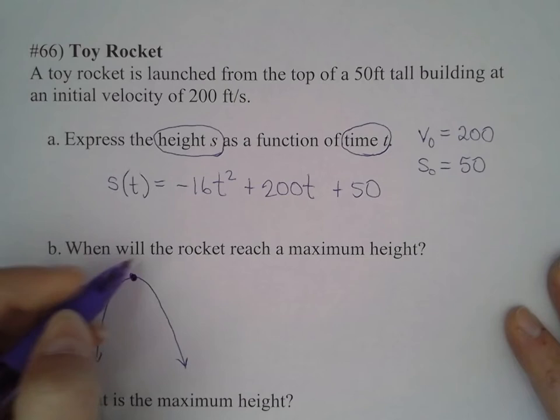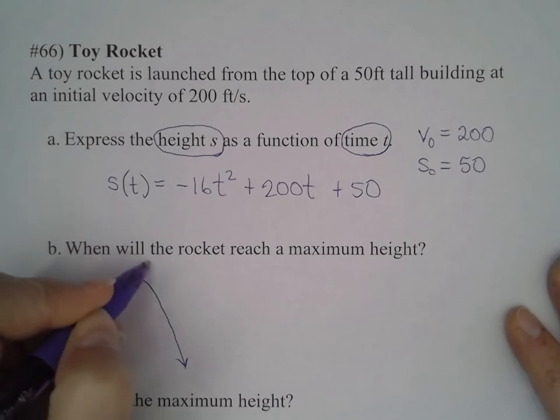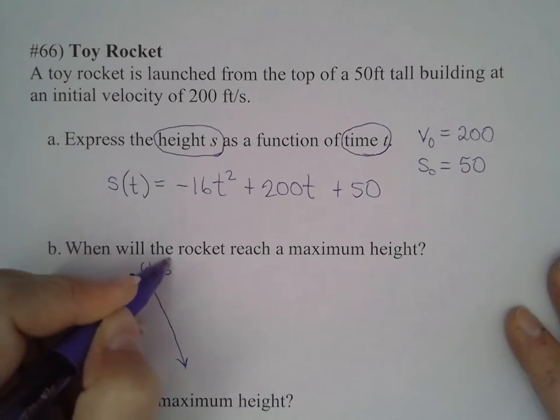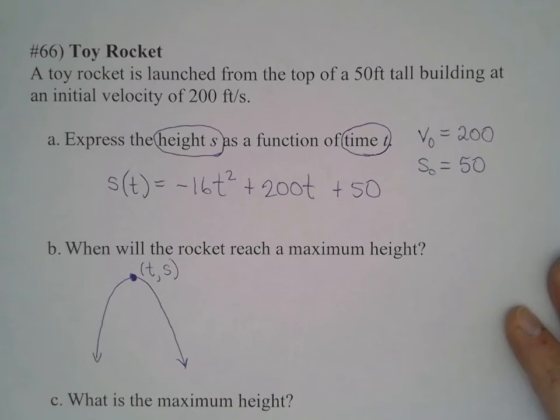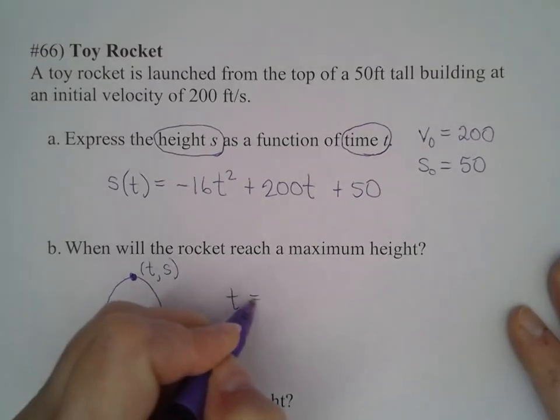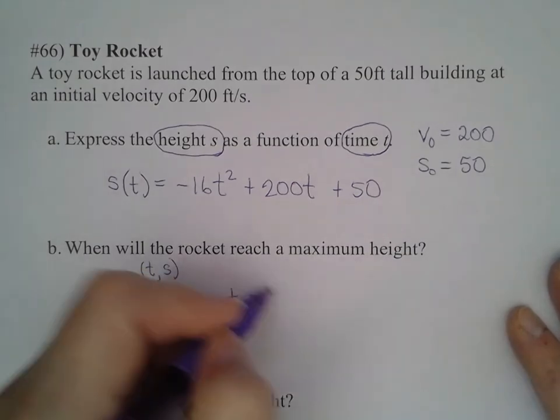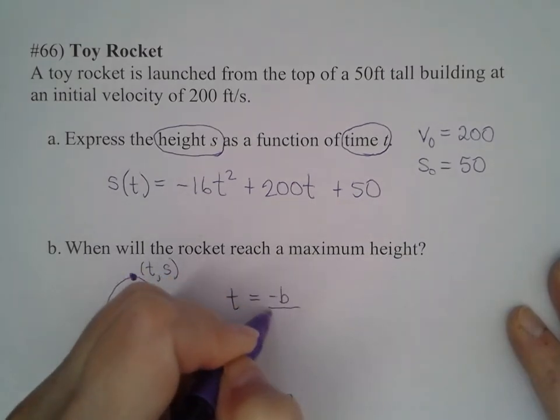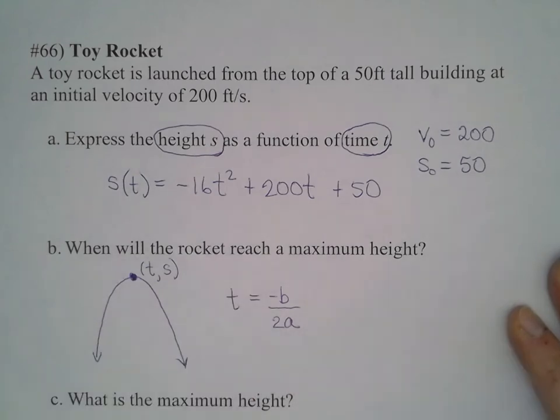This is the vertex. So we would like to find the coordinates for the vertex, the x value and the y value. So to find the x, which in this problem is represented by t, we can use that minus b over 2a. Or we could do the completing the square, whichever looks the easiest to you.